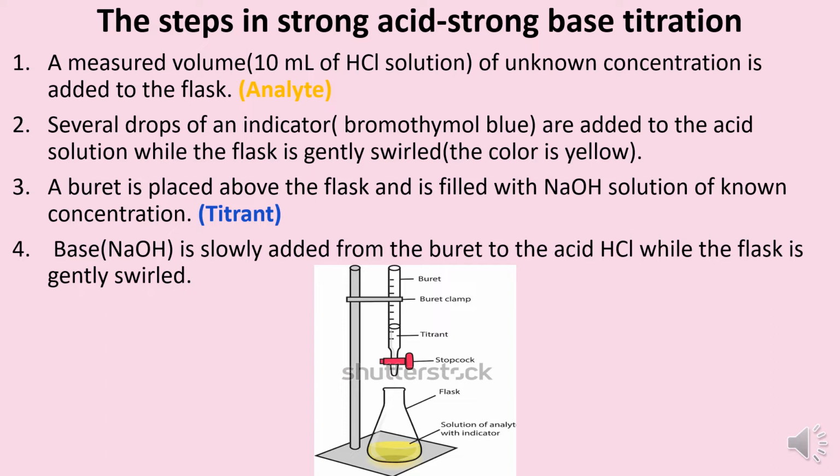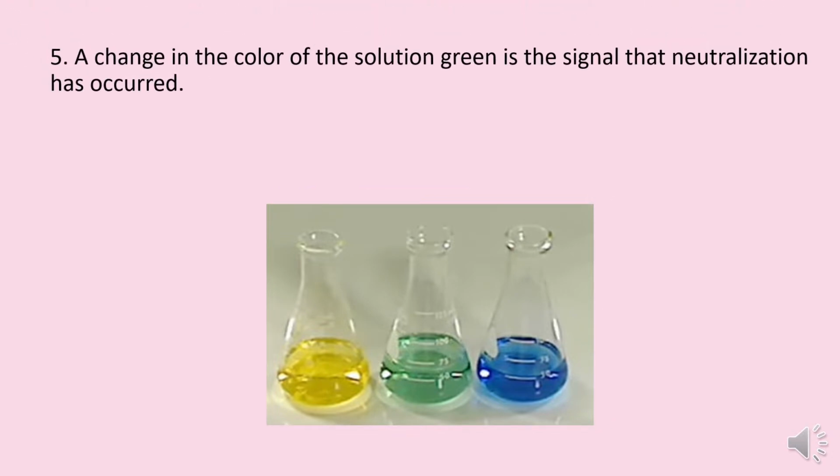Adding the base slowly, we observe that a blue color appears and disappears quickly. Now, when the yellow color changes to green color and persists, what does it mean? It means we reach neutralization, or the neutralization has occurred.